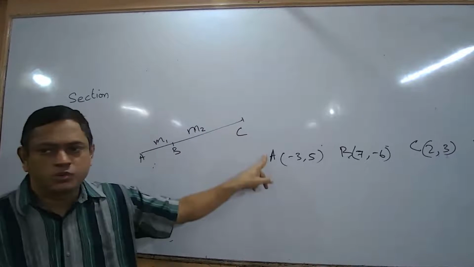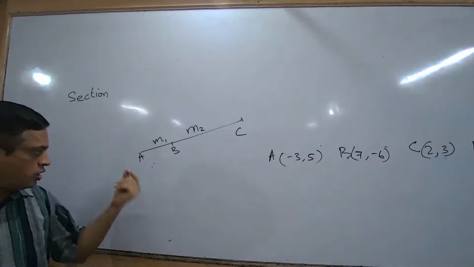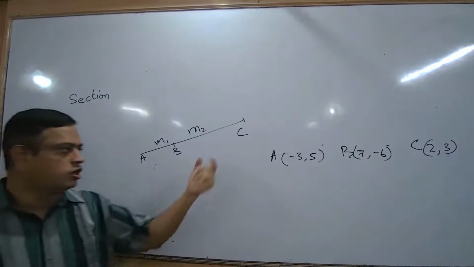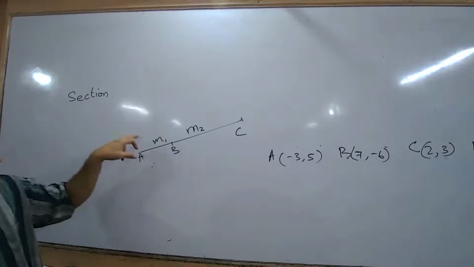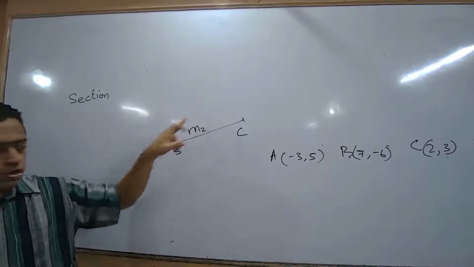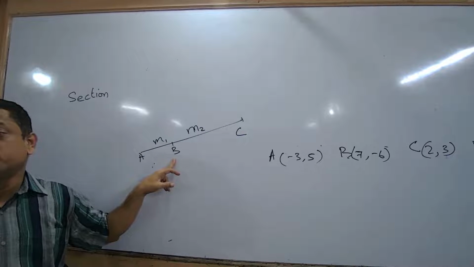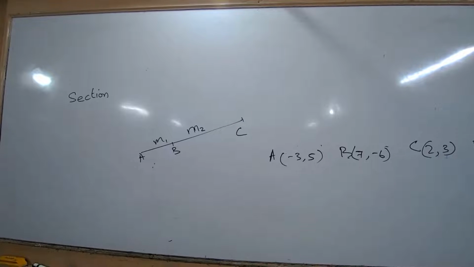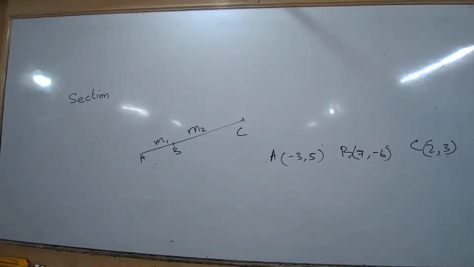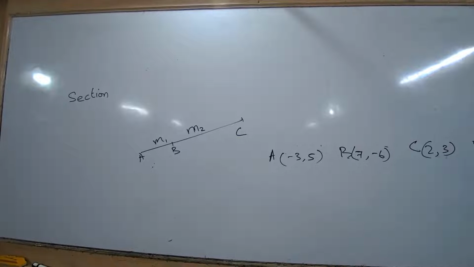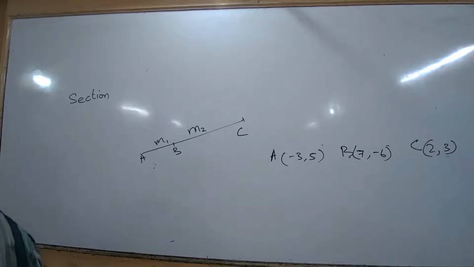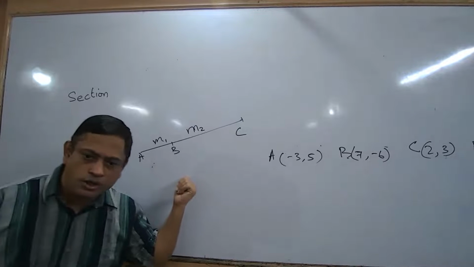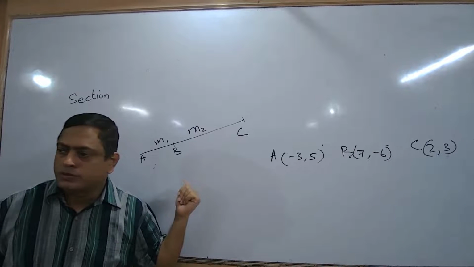The endpoints will be given: the coordinate of A will be given, the coordinate of C will be given, and the ratio also will be given. To obtain the coordinate of B, we use the section formula. By hearing distance formula, you realize it is for finding the distance. The section formula is to find the coordinate of the point of division.